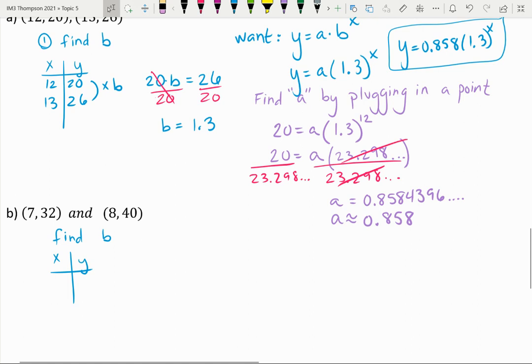Starting from here, B should be 1.25 before you get too far.